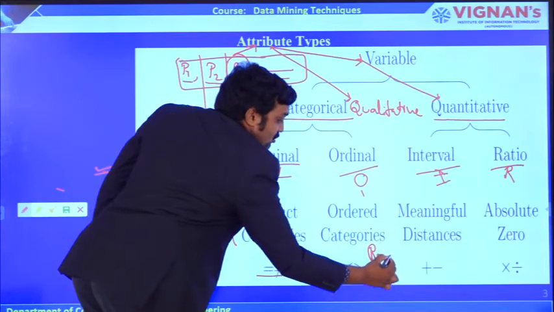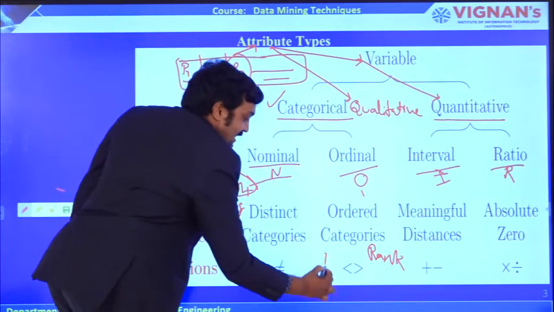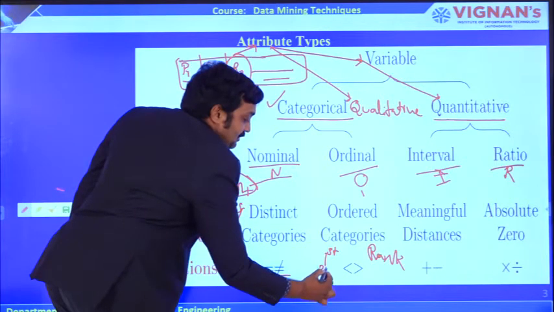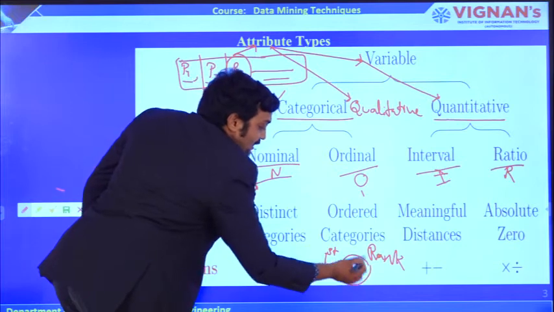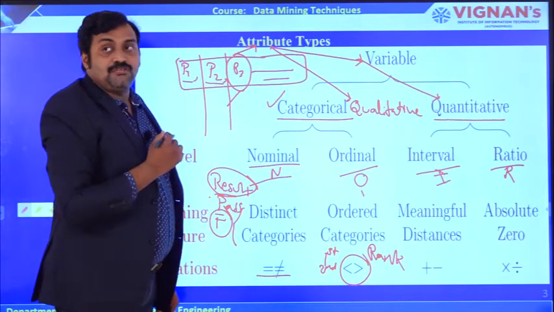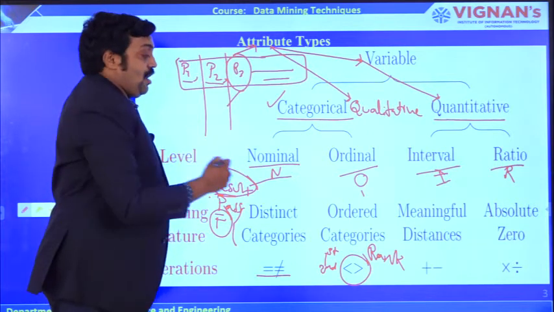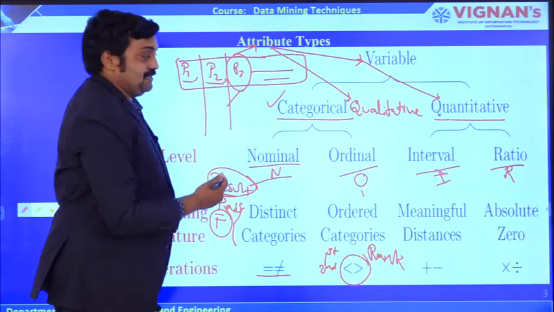So, in a test, who got the highest marks, first rank, second rank, who got more marks. That's why comparison operations, greater than or less than, are used. So, we perform ordered, ranking based categories.